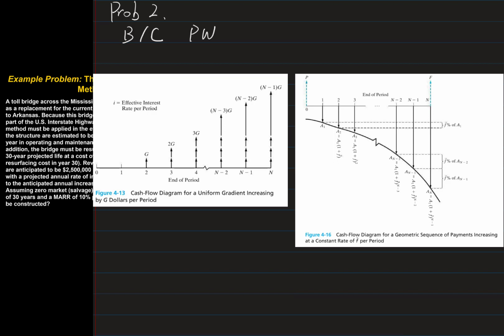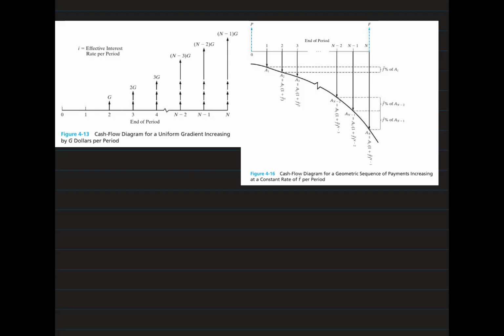Now, just a little recap for the difference between the uniform gradient series and the geometric gradient series. On the left side is the uniform gradient increasing cash flow, and notice the first year is 0. On the right side, we have the geometric series, and the first year we have the original payment, which is A1 here, and that cannot be 0.